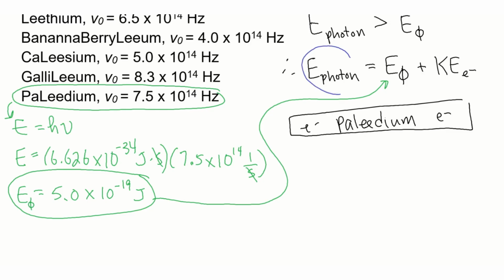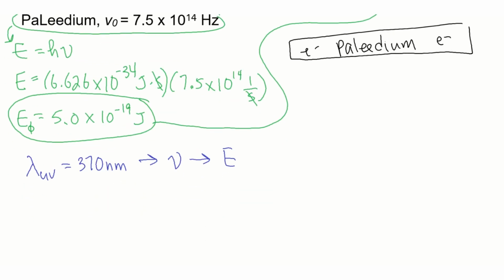Now let's see how much energy is in ultraviolet light. We were given the wavelength of ultraviolet light to be 370 nanometers. So let's convert that to frequency, and then we can turn that into energy. Let's turn wavelength into frequency using this equation.